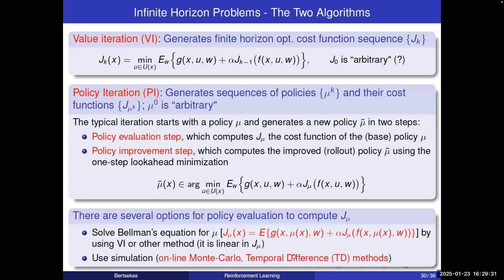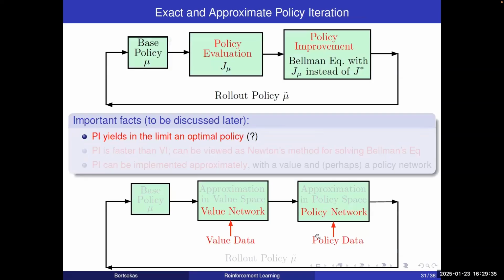And you can also apply the temporal difference method and other methods. One thing I want to emphasize is that policy iteration can be done exactly as well as approximately. And in fact, approximate policy iteration is what people often refer to as self-learning.